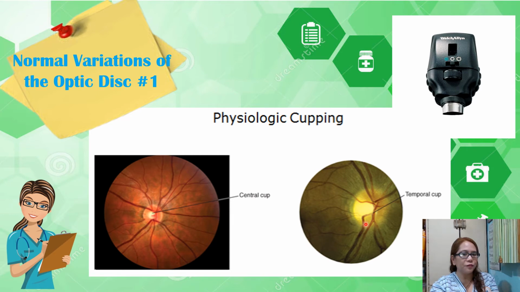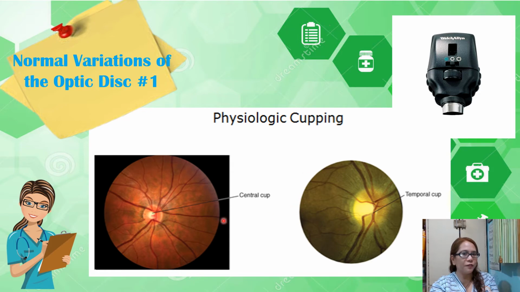Okay, you have to find the yellowish, diba kanina, white depression of the optic disc from which the retinal vessels appear to emerge. Yan yun. So, these are the physiologic cup of the eyes, the central cup and the temporal cup.